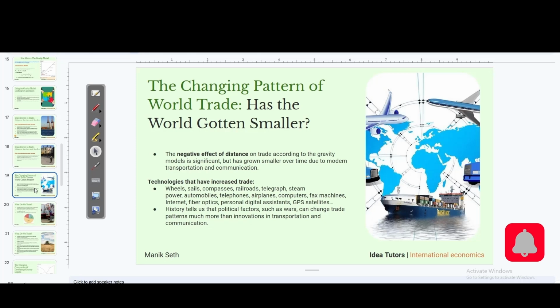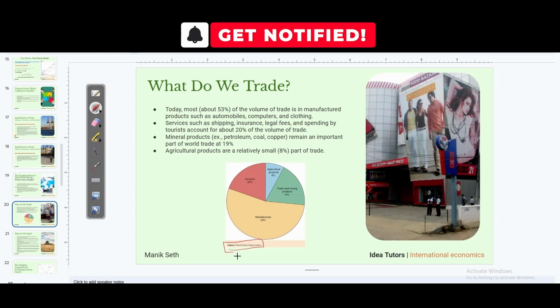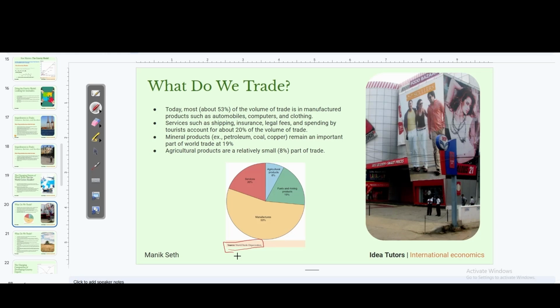Now let's look into what we are trading. Today most of the volume of trade is manufactured products such as automobiles, computers, and clothing. Manufactured products are traded the most. We can clearly see that the technology being traded, the computers, iPhones, other gadgets, and other manufactured products like machinery, are traded a lot. Automobiles and cars are also traded a lot.